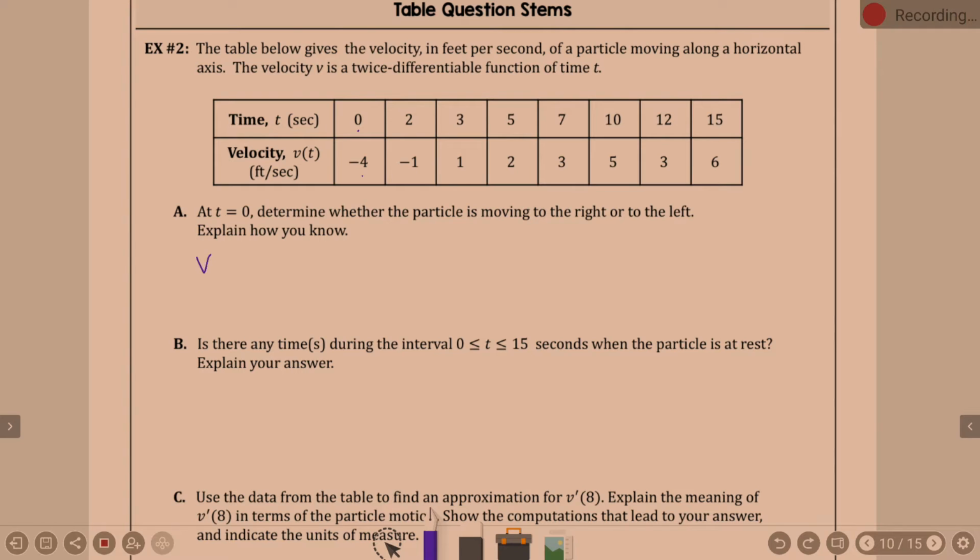So v of 0 equals negative 4. So I can say at t equals 0, the particle is moving left. And I'm going to say since v of 0 is less than 0.